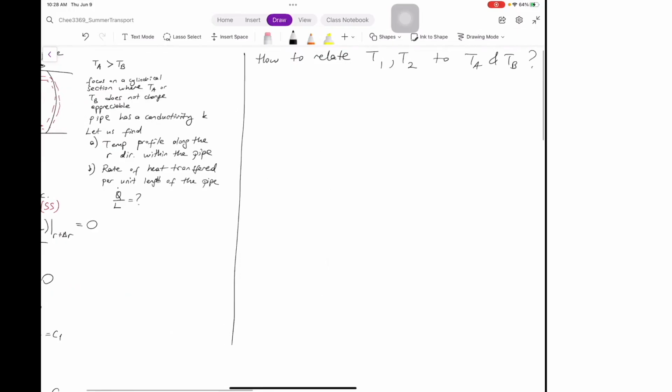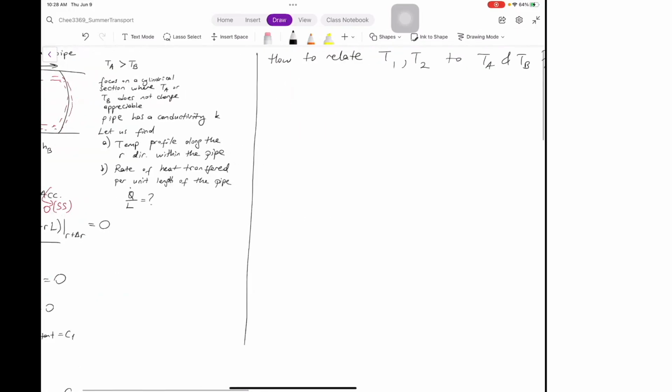We're going to write down Q, okay, so let's say QR at R1 times 2 pi R1 L, it's the area.